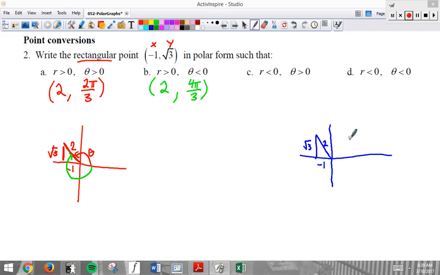Anyway, so that's still 2, but now I want it to have been negative. Okay, spoiler alert, it's definitely going to be -2, okay? These are both going to be -2. But we're asking, what radius would I use, what angle would I use if that was the radius of -2?